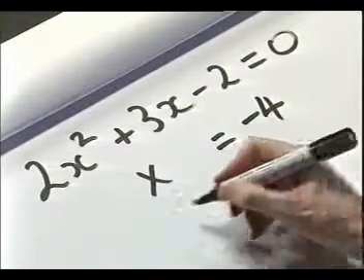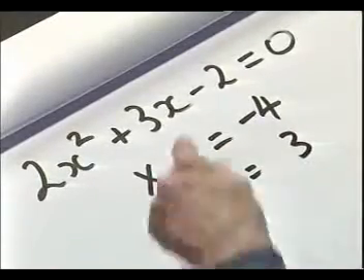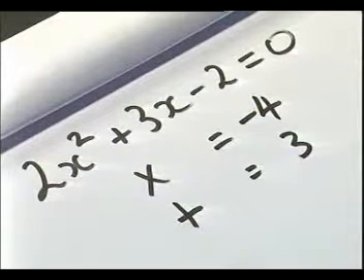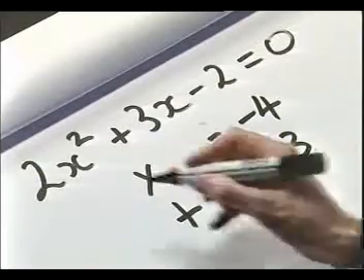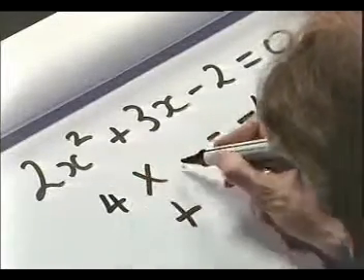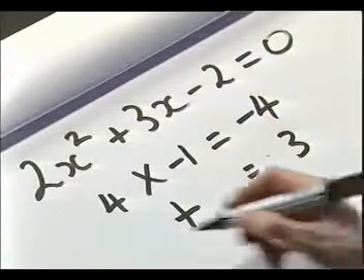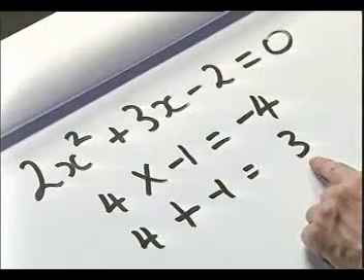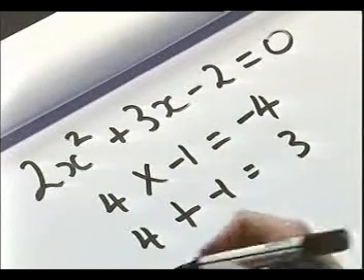We're looking for those same two numbers to add together to give us 3. Well, 4 times by 1 would give us 4. And if we made the 1 a minus 1, 4 times by minus 1, that would make minus 4. And 4 plus minus 1 would give us 3. So these are our two numbers that we need.